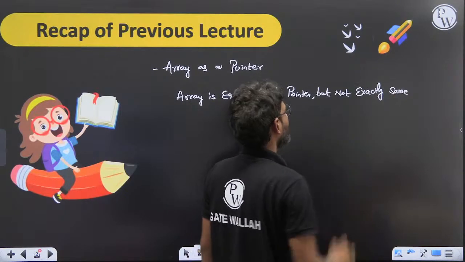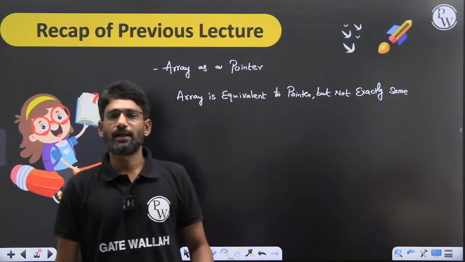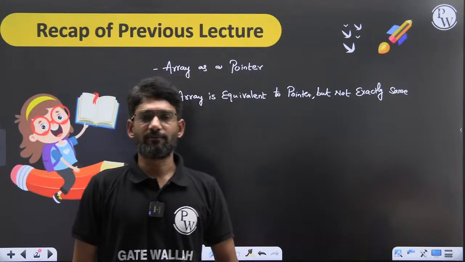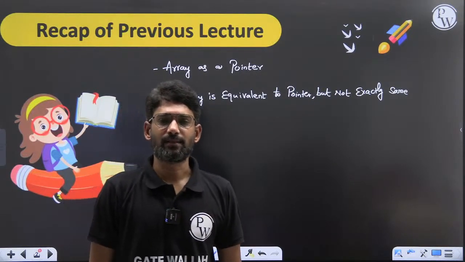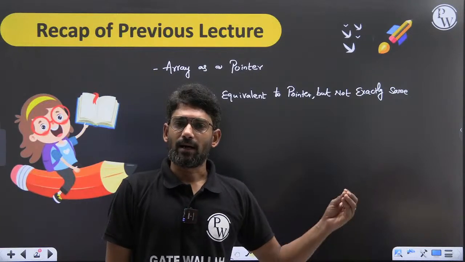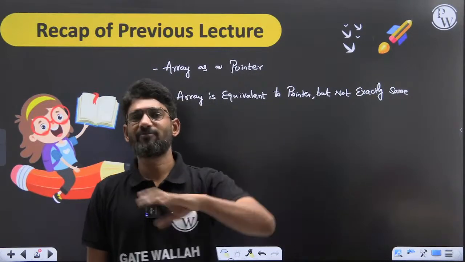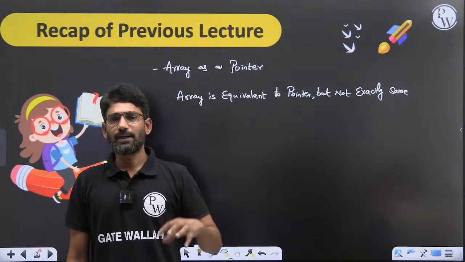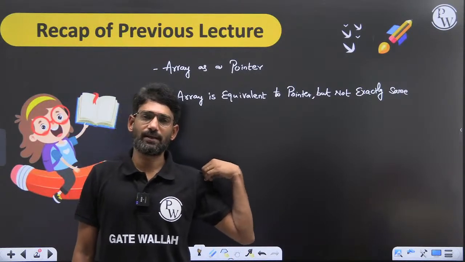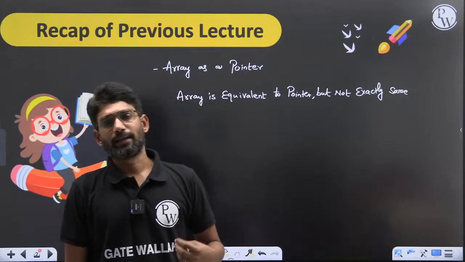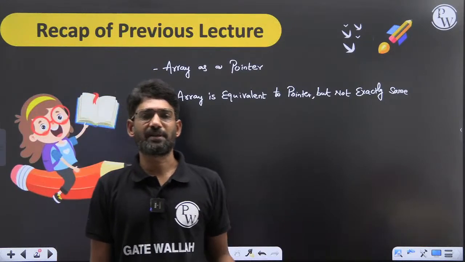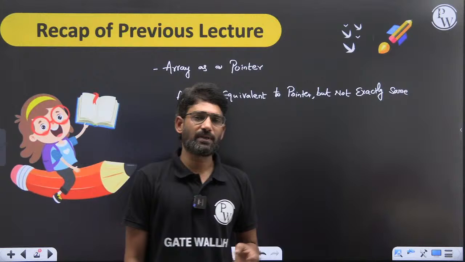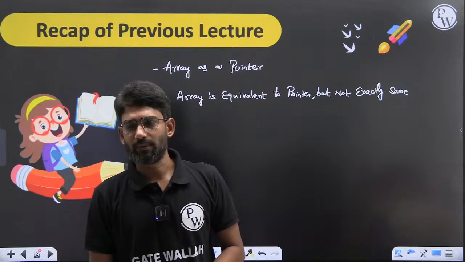Between array and pointer there are multiple differences, but in the way we access the elements, how we use an array, in the same way we can use a pointer. Because of that, we can say array and pointer are equivalent. And like how the array name gives the reference, pointer also gives the reference.